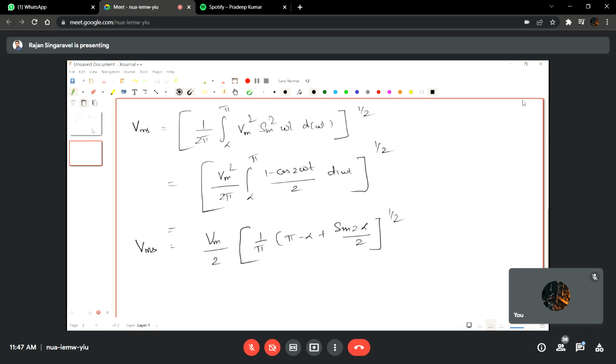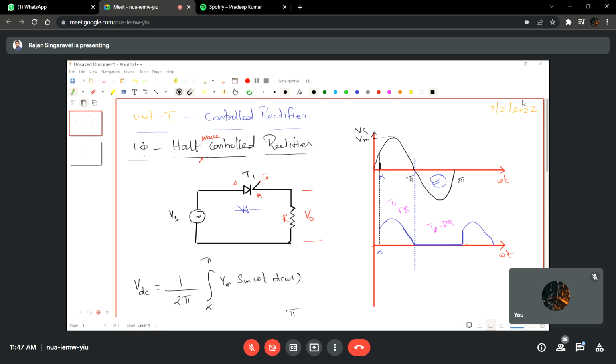So even though the output voltage is DC, we consider this as a DC because the output voltage is not going to the negative side. Even though it is considered as an AC, it has both average value and RMS value. Both are different. If it is pure DC, average value and RMS values are same. If it is pure AC, there is some RMS value, but average value is 0.